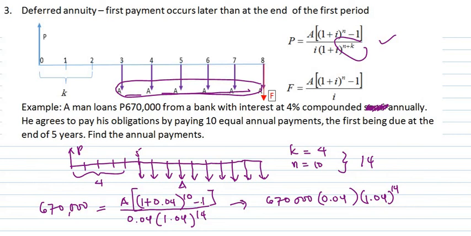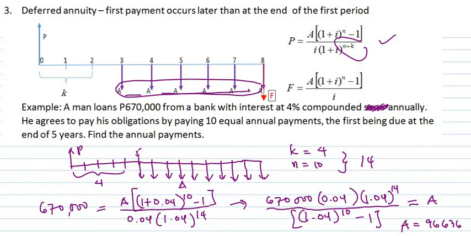And then this negative 1 will be transferred to the other side, and this group will be transferred to the other side, which becomes the denominator: 1.04 raised to 10 minus 1. So our value of A is equal to 96,636.